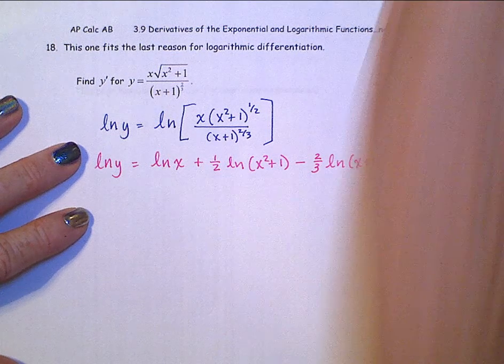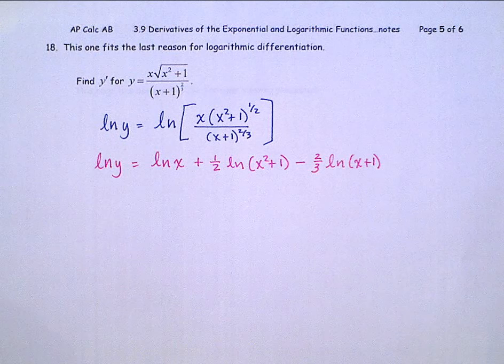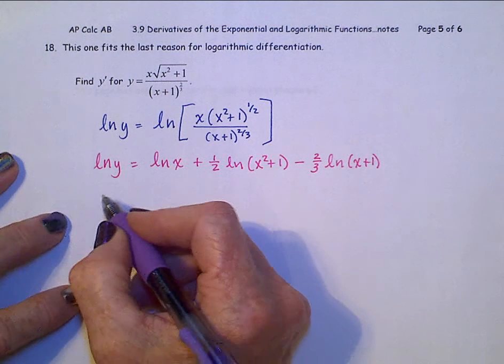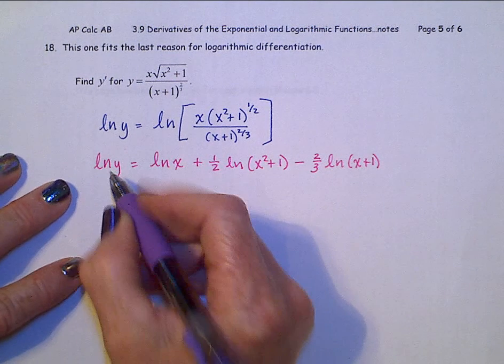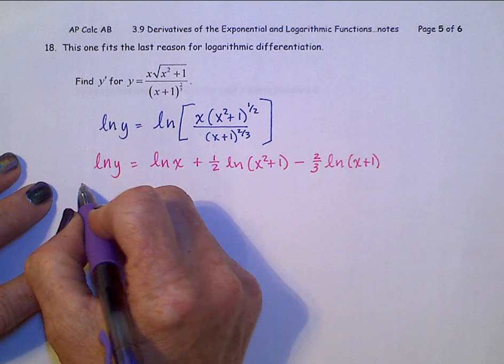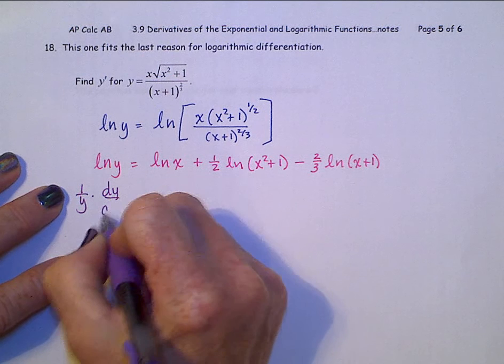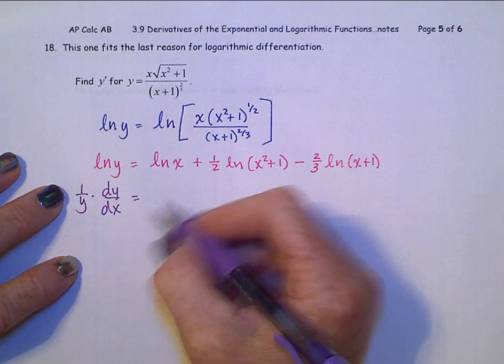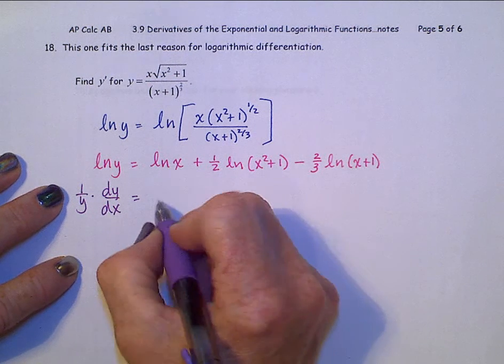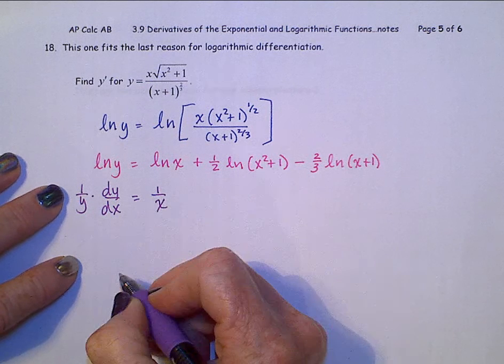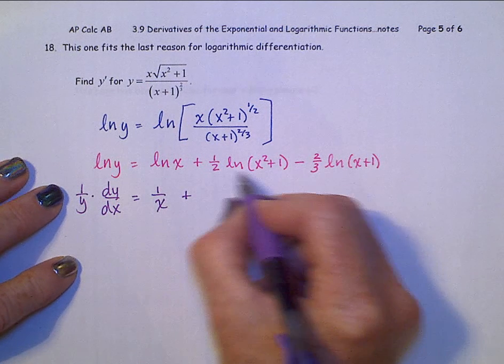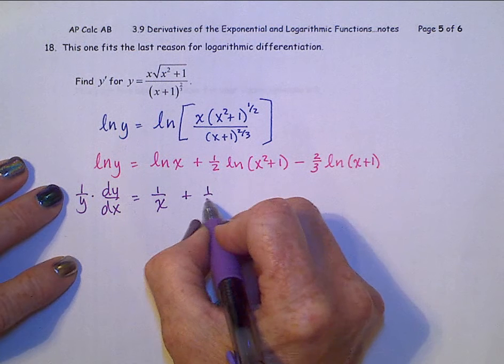Now let's go through and do a derivative of both sides. So the derivative of ln y, that's 1 over y times dy dx. The derivative of ln x, that's 1 over x. Plus this derivative, the half comes down.